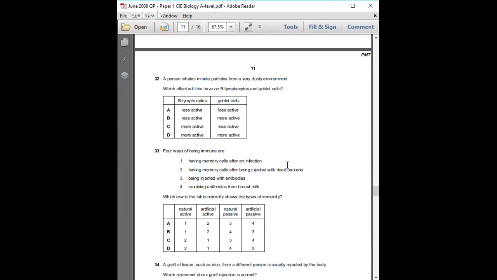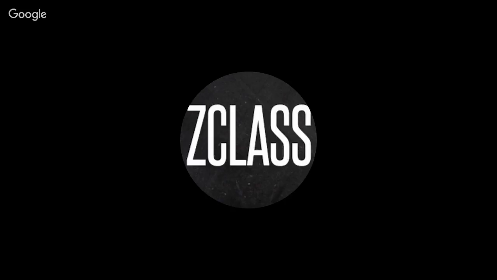Good, yeah, and why is that? So we're not talking about pathogens. We're just talking about minute particles from a very dusty environment. Well, then macrophages would, I guess, engulf those particles, and it could lead to inflammation.